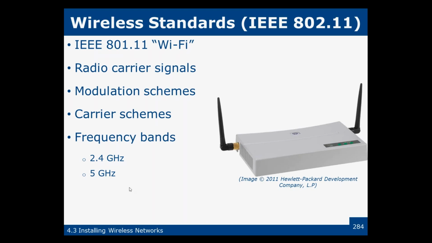But 802.11 Wi-Fi is the standard that we use, and it uses a radio carrier. In the 802.11, we encode data on a radio transmission instead of on a transceiver into a piece of wire. And we use modulation for these things.